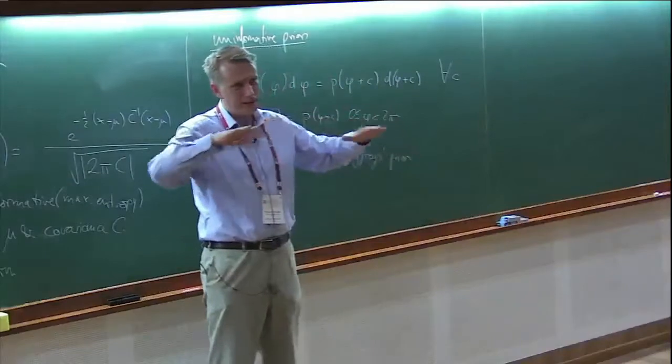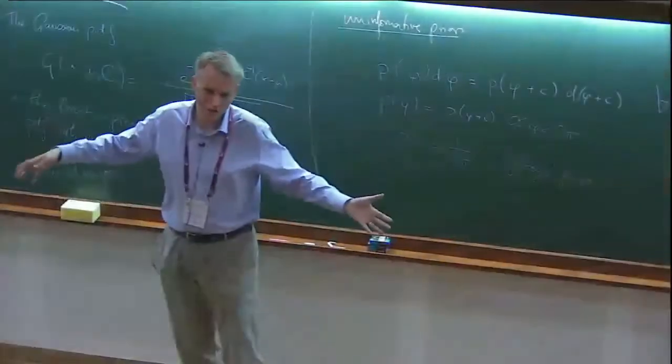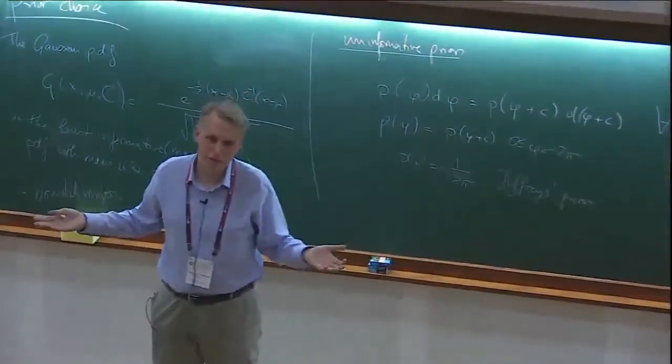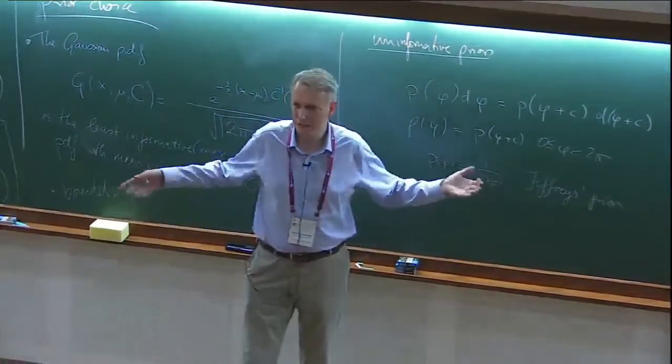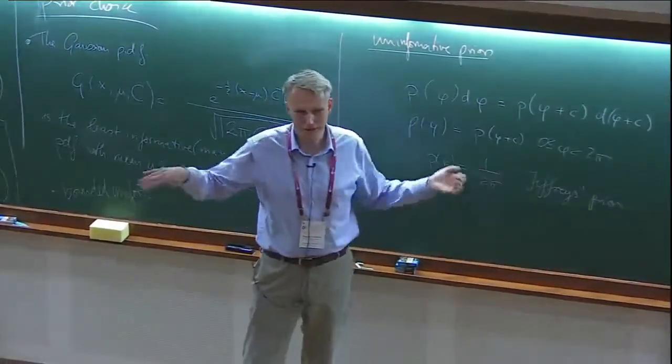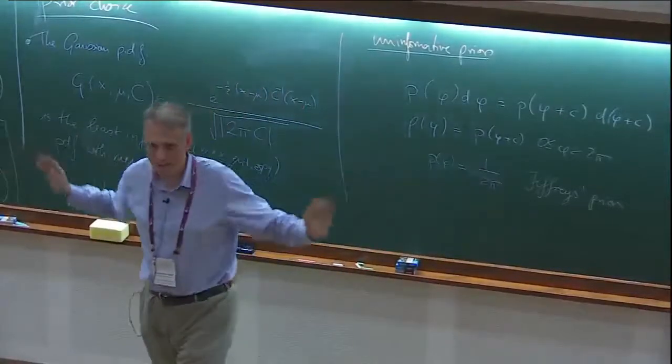If the prior is so flat in the region of interest, then it's just a convenient approximation to say the prior is constant, even if you don't take into account the fact that it does get bounded and cut off at some point.